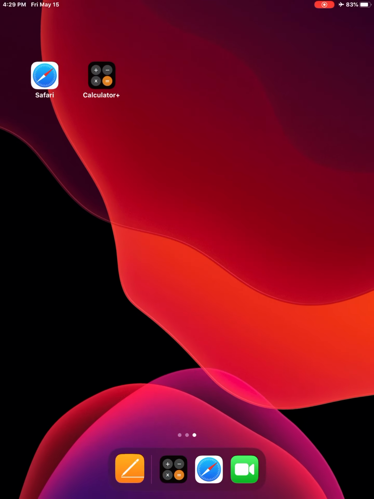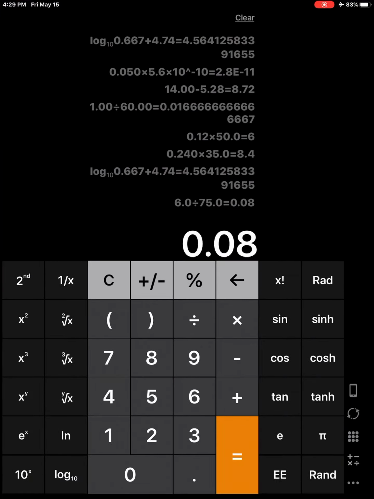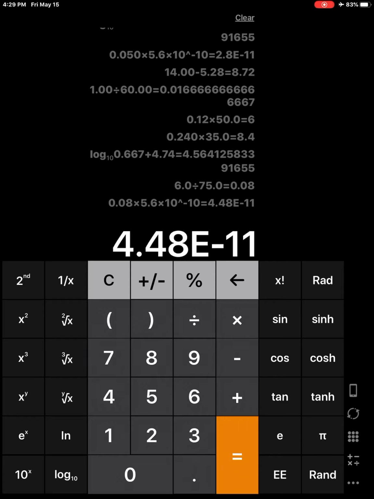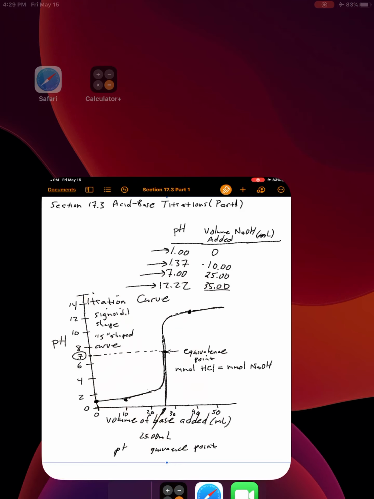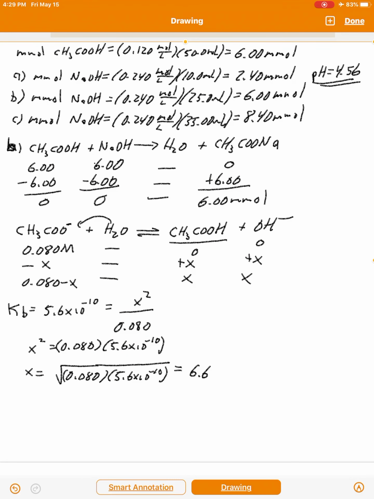Okay, so 0.08 times 5.6 times 10 to the minus 10. Take the square root of that, and you get 6.69 times 10 to the minus 6. Okay.